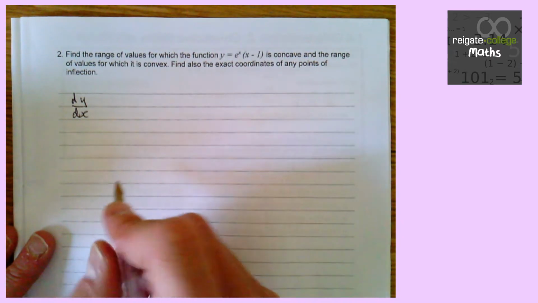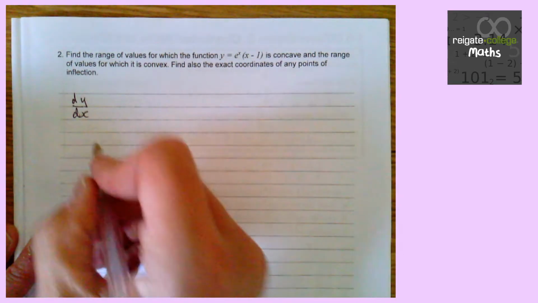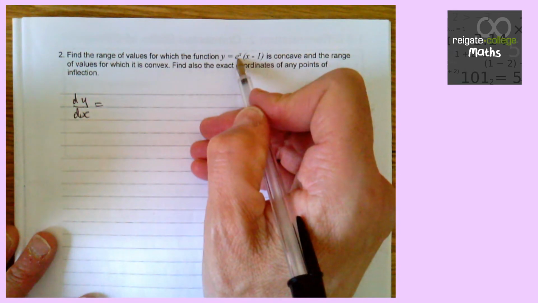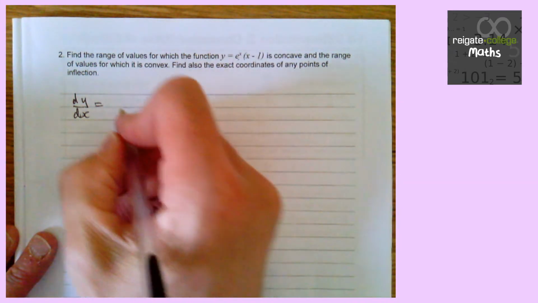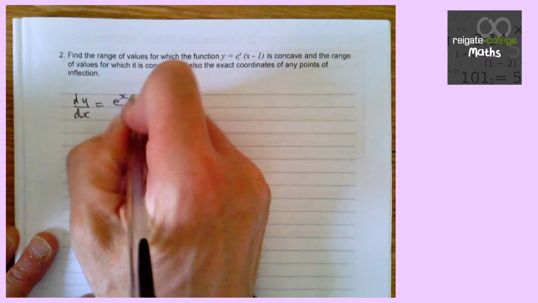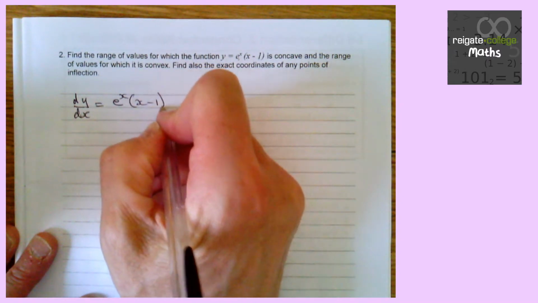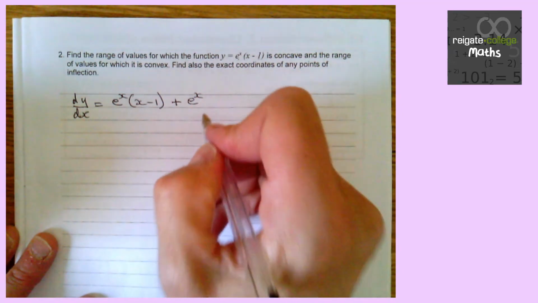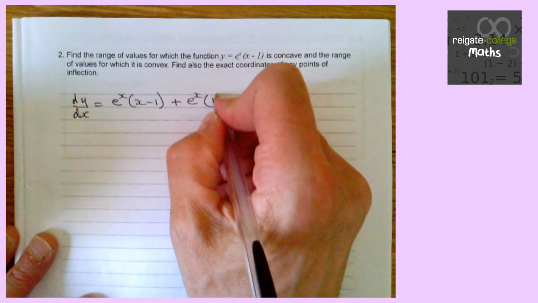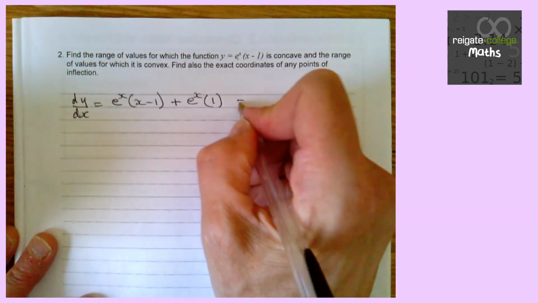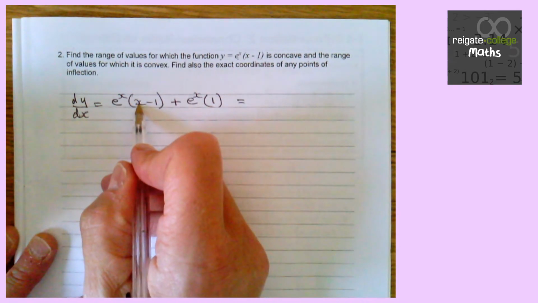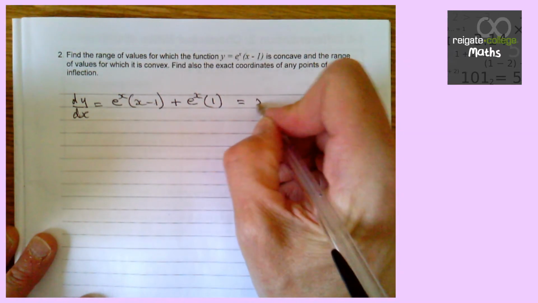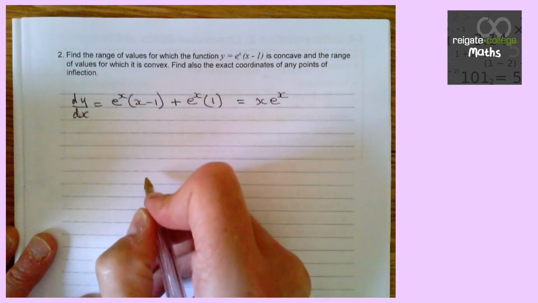We're going to need to use the product rule here. So let's first of all differentiate e to the x, multiply by x minus 1. Differentiate e to the x, we just get e to the x, x minus 1, plus e to the x times differentiate x minus 1, so that's just 1. So this is equal to e to the x times x minus e to the x plus e to the x, so it's just x e to the x.